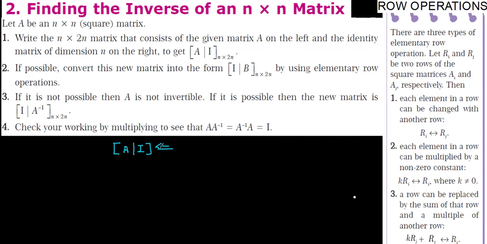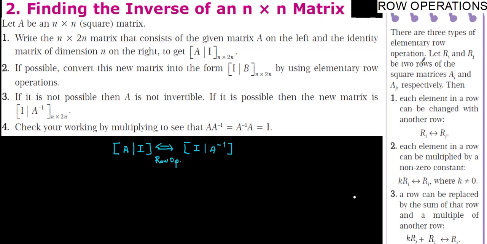Then we were converting this one to I, and when this converts to I by using the row operations, here the matrix becomes the inverse of the matrix. Okay, that's the basic rule about the inverse of a matrix.